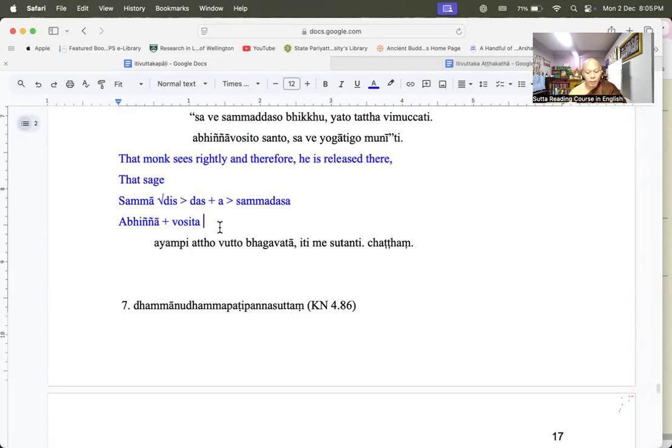Vosita comes from the ava prefix, the root si, and the past participle ta. Here the ava is changed to o. Vosita means accomplished or attained.